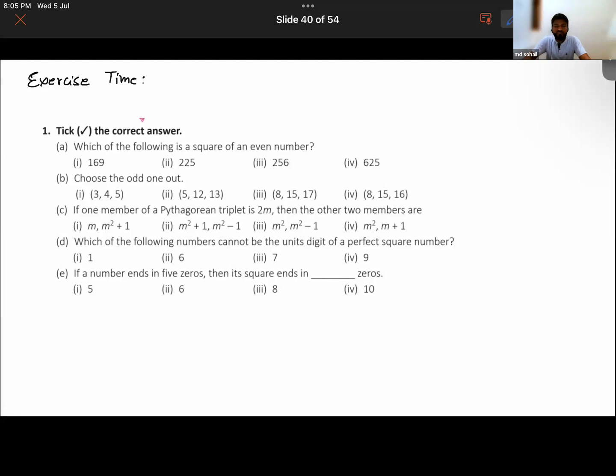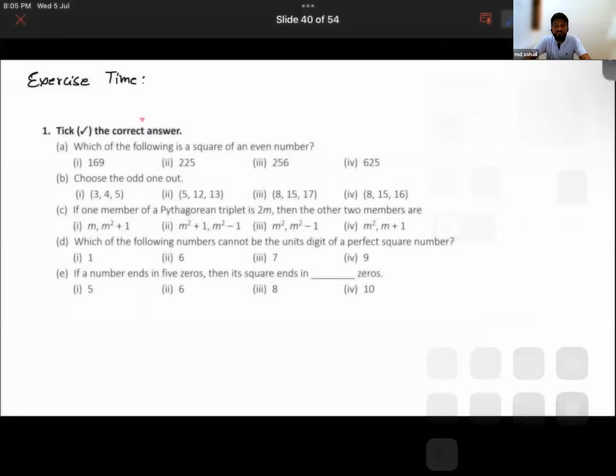If one member of a Pythagorean triplet is 2m, then the other two members are what? What are the other two numbers? So it's the second option. Exactly.